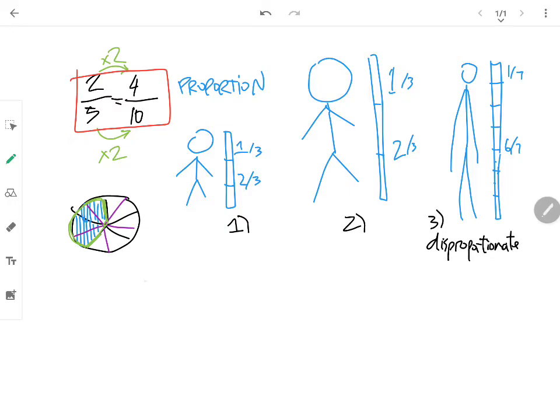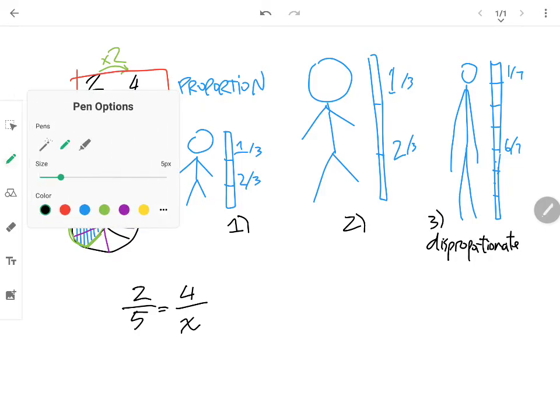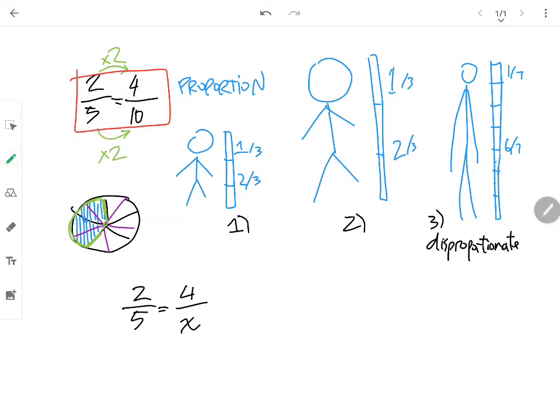Okay. If we have an unknown in a proportion, 2/5 equals x/4, and we don't have the last value, we're going to represent the value just by a letter, some letter that's standing for a number. There is a rule of proportions that says the cross products, the diagonal products of a proportion, should be the same number.